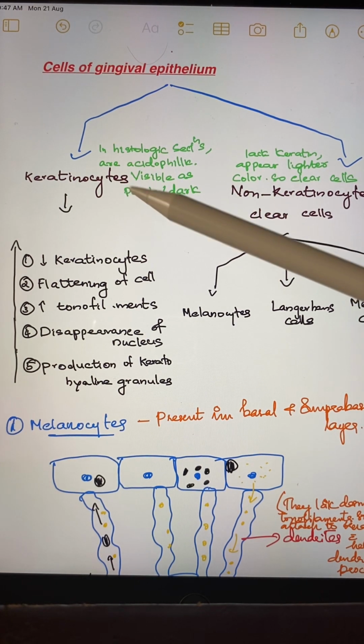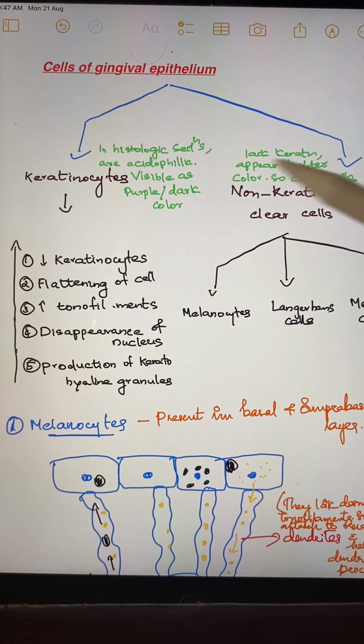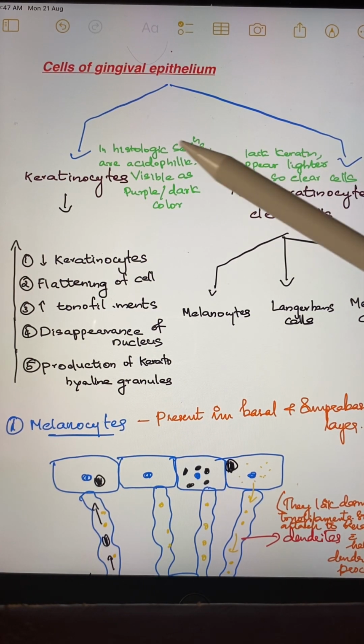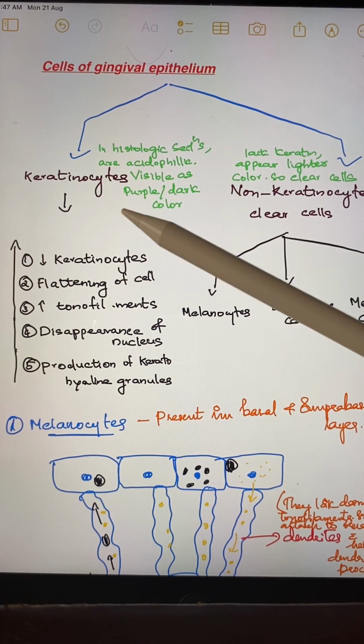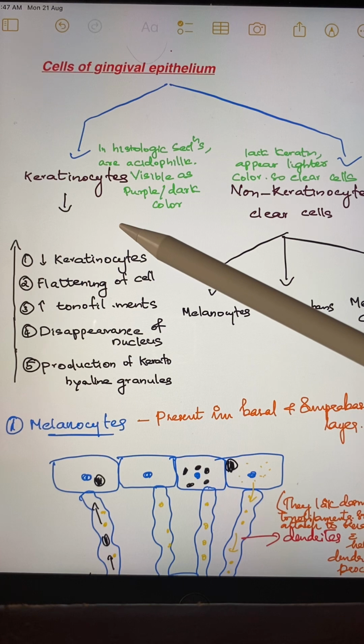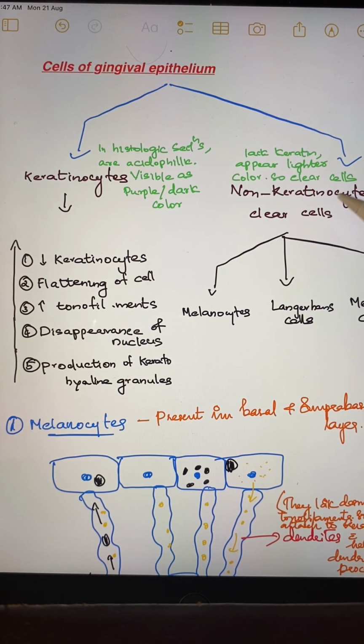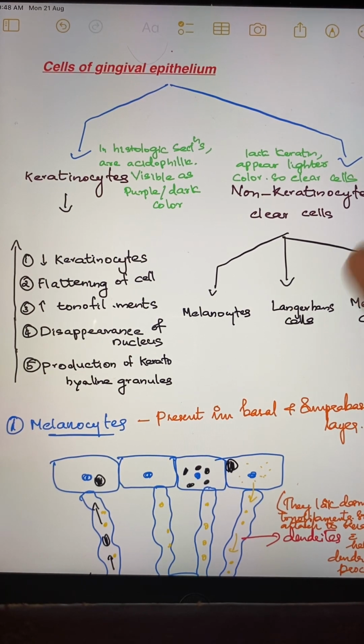The difference between keratinocytes and non-keratinocytes is that in histologic sections, keratinocytes can be seen as acidophilic because they are visible as purple or dark color. But non-keratinocytes lack keratin in histologic sections, so they appear lighter in color. So this is known as clear cells.